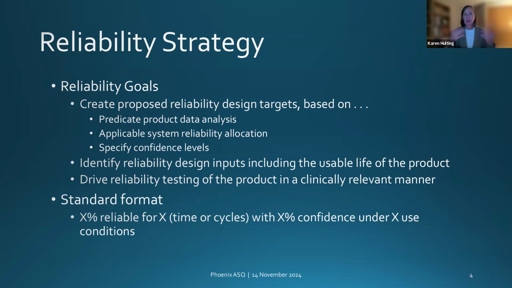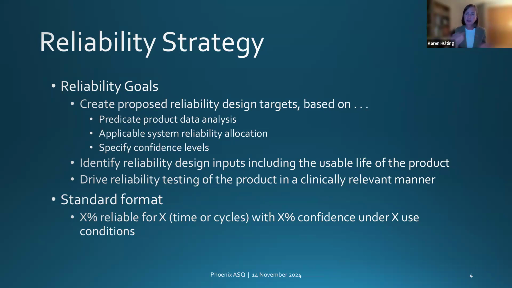So for example, it might be 95% reliable for, in the case that I'm showing here, 2.5 cycles using this catheter. So 2.5 complete cycles of the use of this catheter. That is accounting for occasionally needing to use the catheter more than once. A lot of times it's going to be only once.